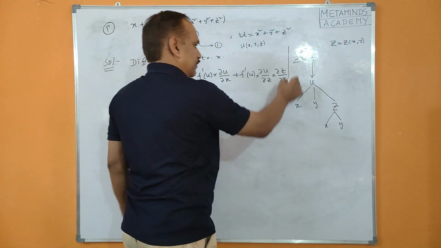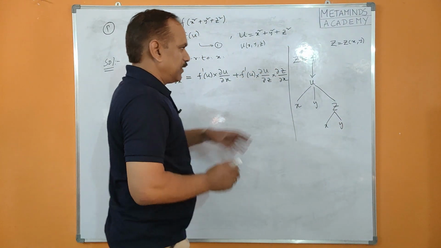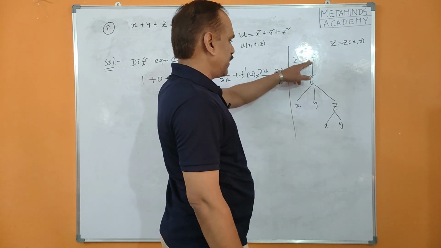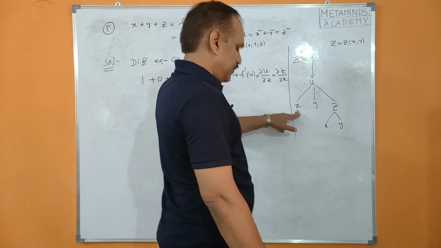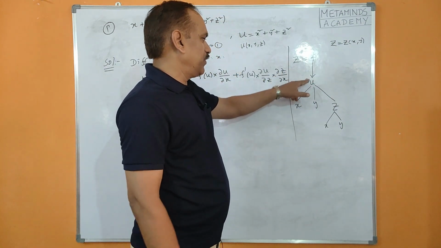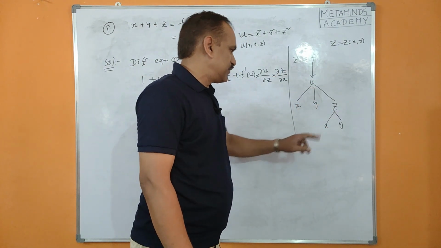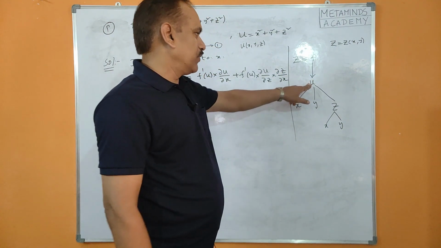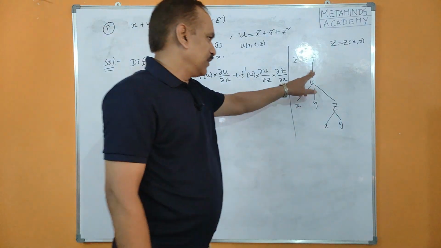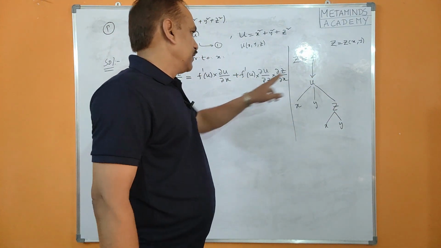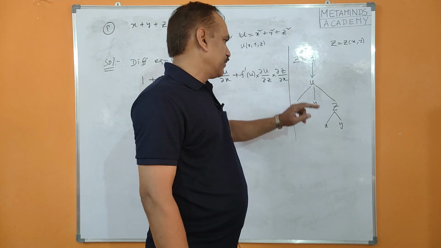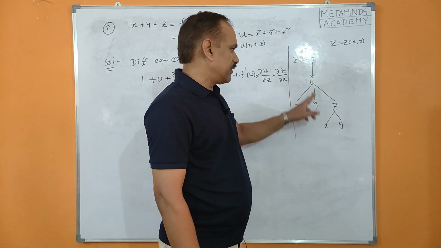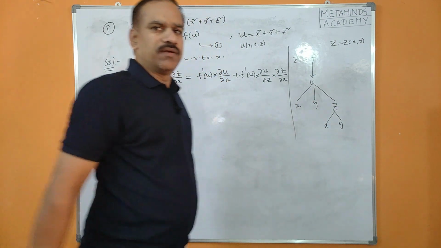Here you have how many paths to reach x? One path is f u x, and another is f u z x. Derivative of f with respect to u multiplied by dou u by dou x, plus, this is another path, df by du multiplied by dou u by dou z multiplied by dou z by dou x, because u and z are multivariable functions.